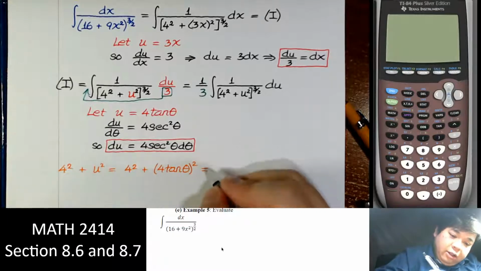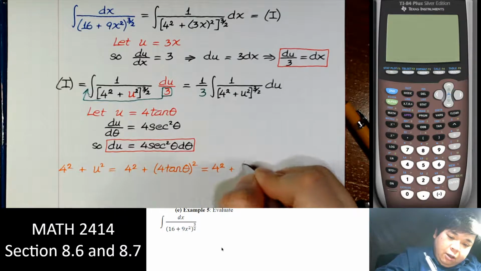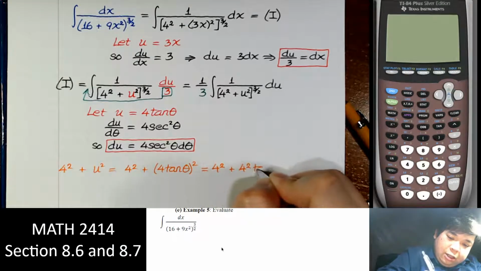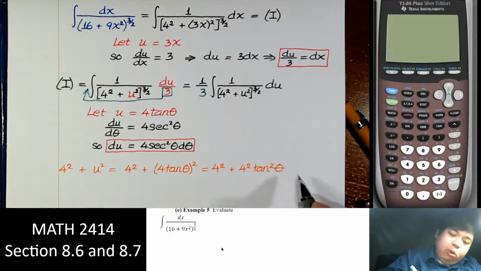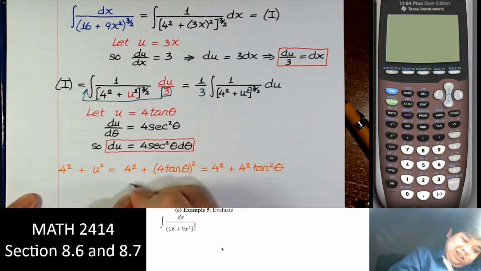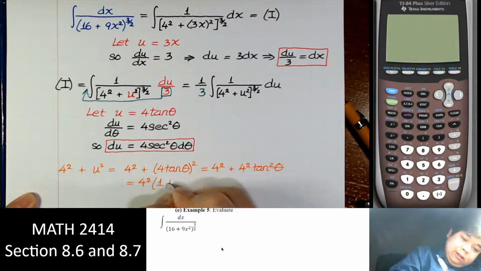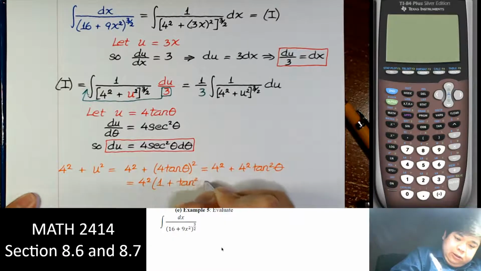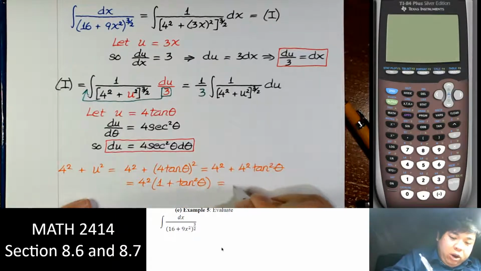So that gives us 4 square plus 4 square tangent square, and factor out the 4 square. We have that, and 1 plus tangent square is secant square.